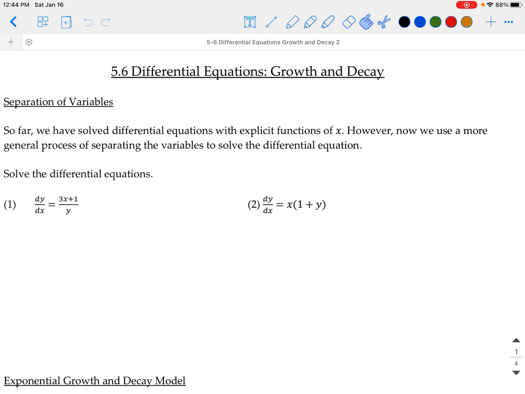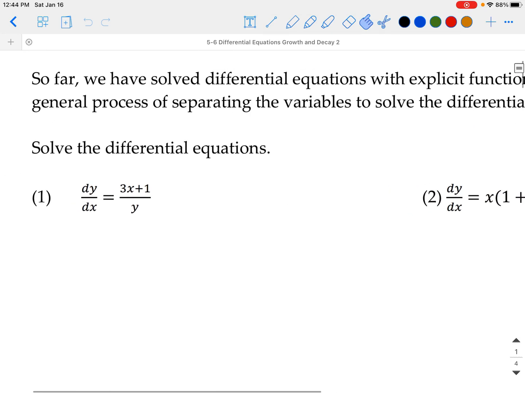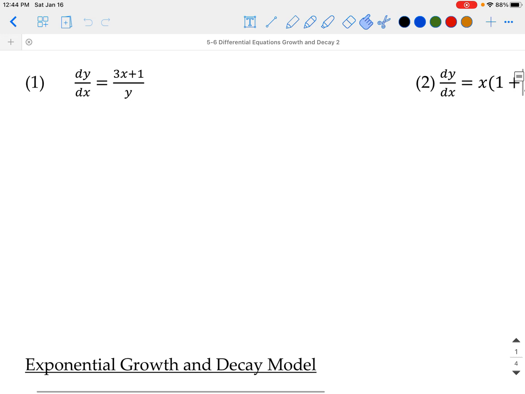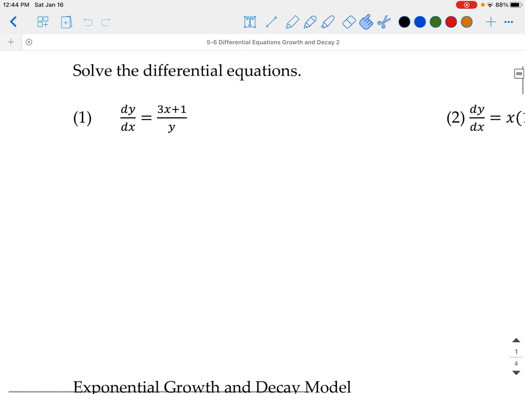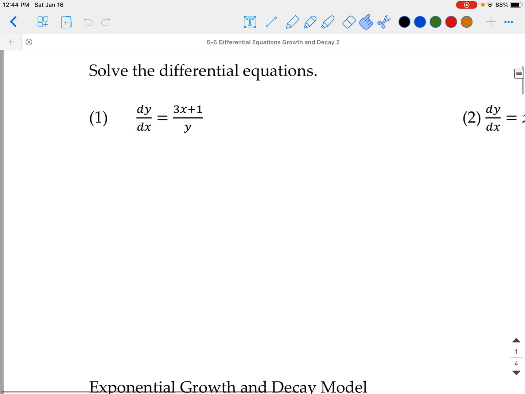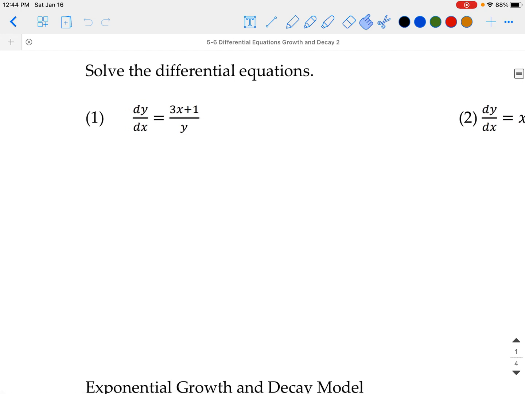For the separation of variables, we're going to be given a differential equation that is just a simple expression involving a derivative. So dy over dx is going to equal some function of x or some function of x and y. And what we want to do is solve this differential equation, find a general solution to it. In order to do that, we can separate the variables and then integrate each term separately.